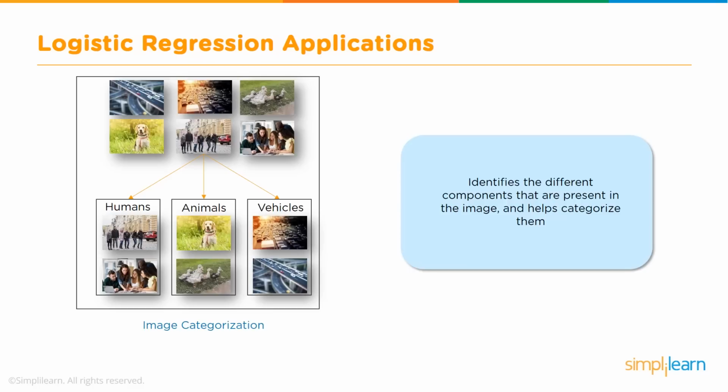I hope you understand. So instead of saying is it a dog or a cat or an elephant, we convert this into binary classification, because we need to keep it to binary classification. So we say, is it a dog or not a dog? Is it a cat or not a cat? So that's the way logistic regression can be used for classifying objects. Otherwise, there are other techniques which can be used for performing multi-class classification.